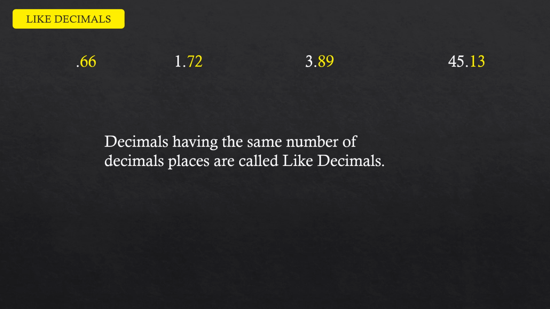This means decimals having the same number of decimal places after the point are called like decimals. Like here in the examples you can see after the decimal point, in all the examples the same number of decimal places are there, that is 2. So all these decimals are like decimals.